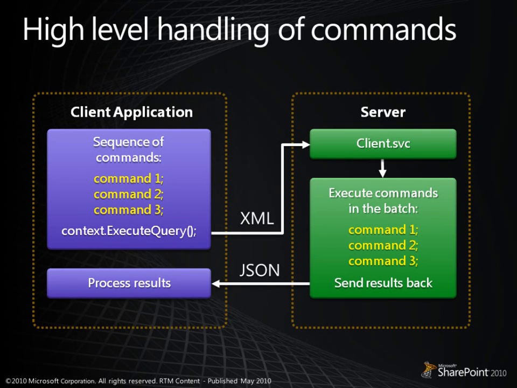After the requests have been executed, the client.svc will provide any requested information back to the client side. By batching the commands, we are able to increase the performance of the client object model, and in this way, the overall network consumption is optimized based on actually used information. The model can be a little bit confusing at first, particularly if you've been developing using server-side object models in the past. However, it's relatively straightforward and very easy to use when you get used to it.